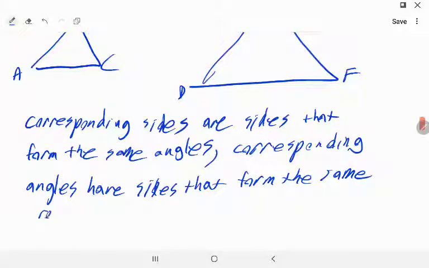So pretty much we're noticing the corresponding sides serve the same role in each triangle, corresponding angles serve the same role in each triangle.